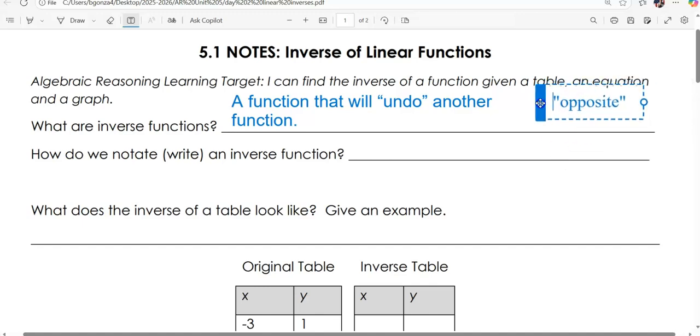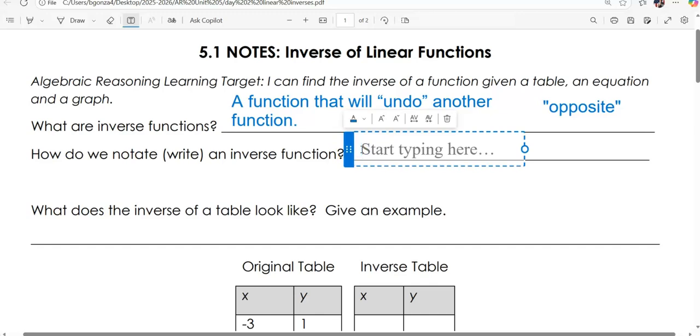Another way of saying it is its opposite. That's what inverse means. And then how do we notate or write an inverse function? The way you do it is with f and a little negative 1 x. And a little side note there, the little negative 1 is not an exponent.